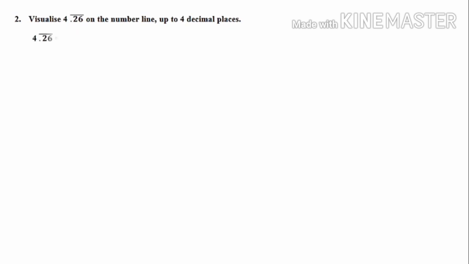So let's expand the given number, that is 4.26 bar is equal to 4.262626 etc. Here the digits 2 and 6 are repeating periodically. So from here we need only 4 digits, that is 2626. That is 4.26 bar up to 4 decimal places is equal to 4.2626.